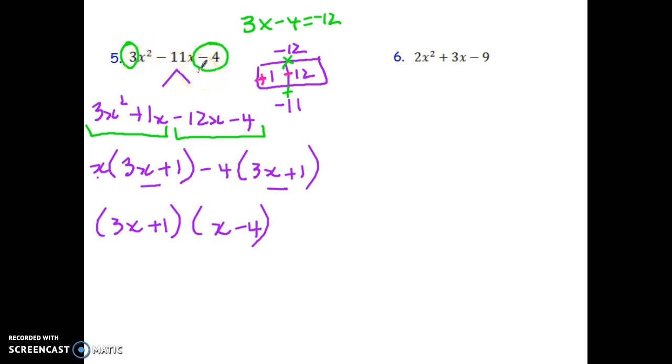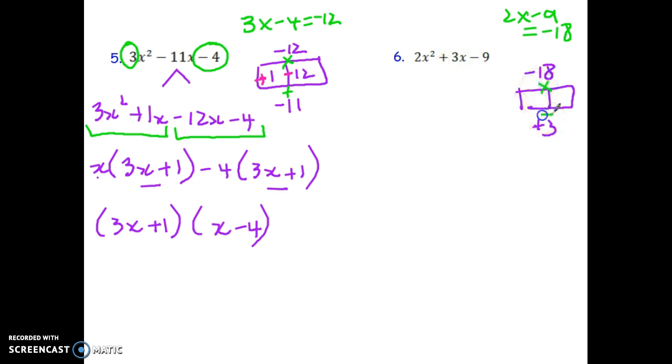Let's do one more. 2 times minus 9 is minus 18. So now my setup is two numbers that multiply to minus 18, but they add to plus 3. They've got to add to this middle one.